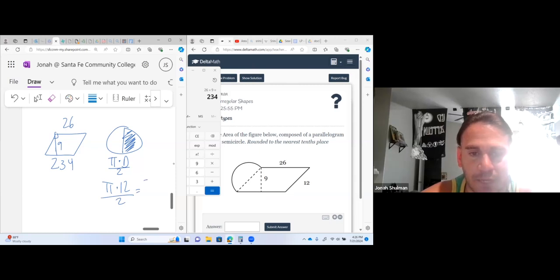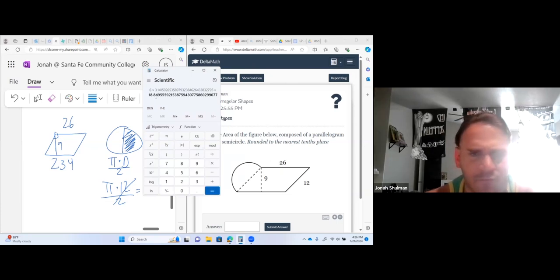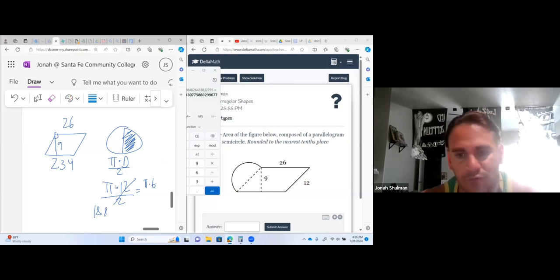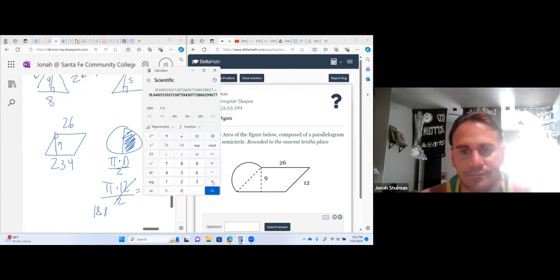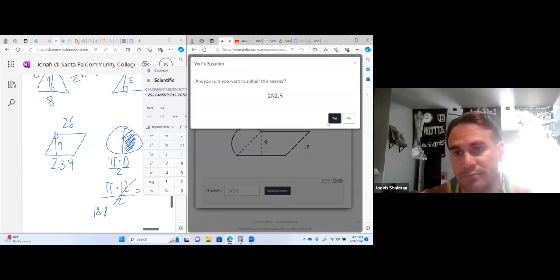It's pi times 6. 6 pi, it's just a circle. 6 times pi is going to the nearest tenth. It's 18.84, so it's just 18.8 plus 234. 252.8. That's how you do this one.